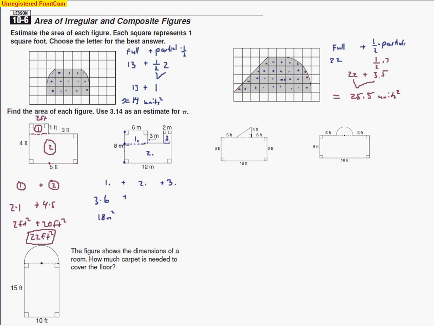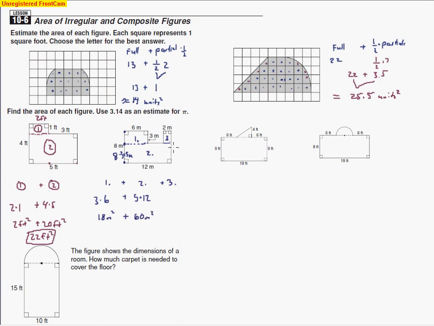So let's go ahead and take 3 away from 8. So this distance is 8 minus 3, which is 5. So it's 5 meters. And so that's what I'm going to multiply by. 5 times 12. And that gives me 60. So 60 meters squared there.